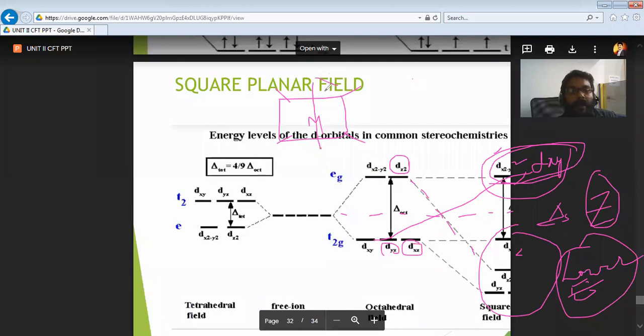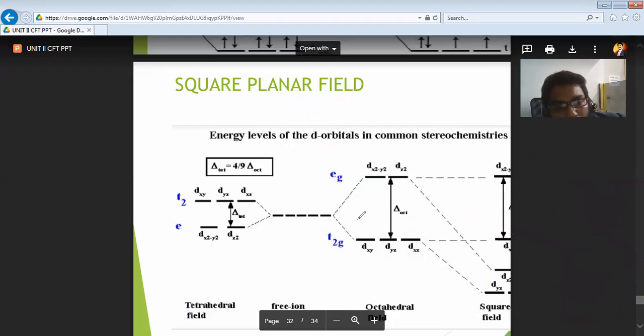There is no approach of ligands along it because the z-axis is completely absent; we assume that. That's why we can write this splitting of orbitals: dx square minus y square is high energy, dxy is high energy, and the remaining are in the lower energy state. That's why we can write it like this.